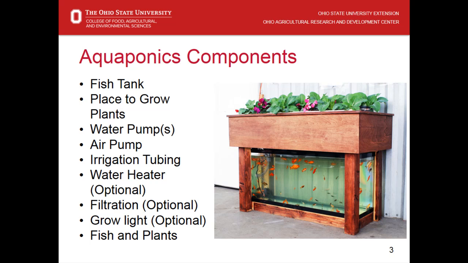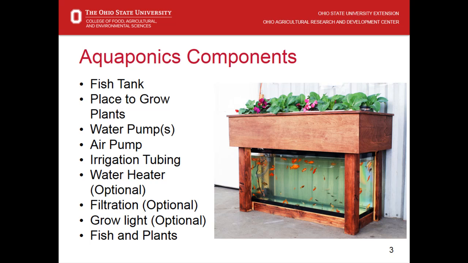I've seen kitty litter trays with plants in them. I've seen just all kinds of stuff. So if it holds a plant, I suppose you can put a plant there. You need water pumps, air pumps, your tubing, your irrigation to run all of those.